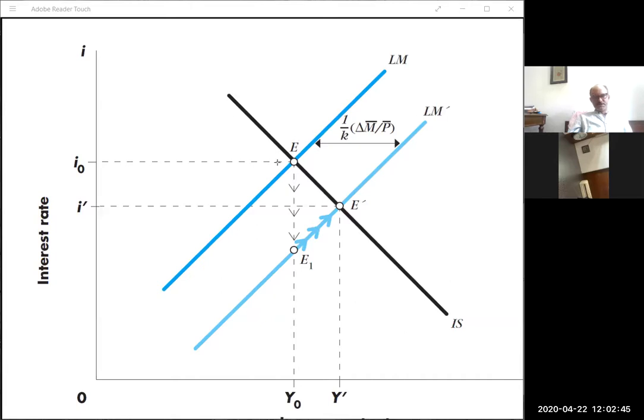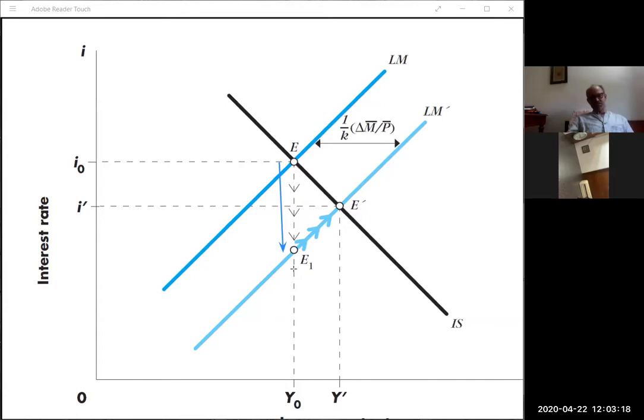So when the money supply increases, the money market adjustment happens immediately, and you have a movement like this, from E to E1. At E1, the rate of interest has fallen very much, because of which there is going to be an increase in the demand, basically because of the increase in investment.